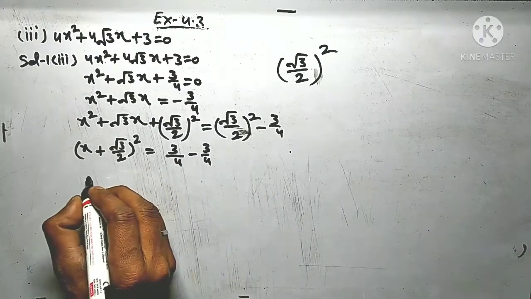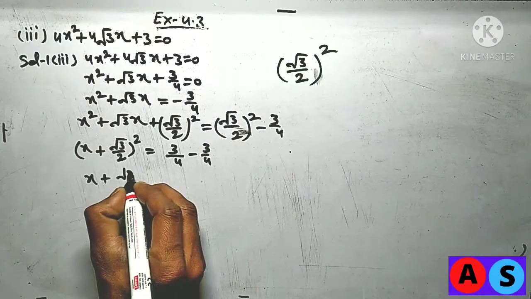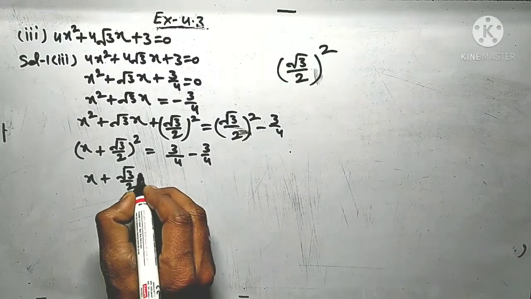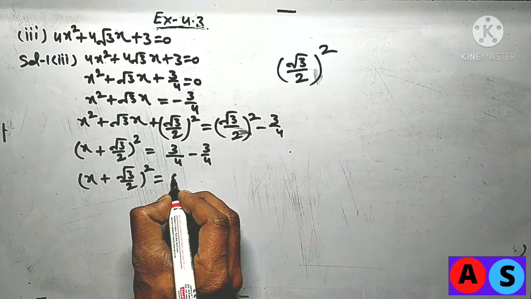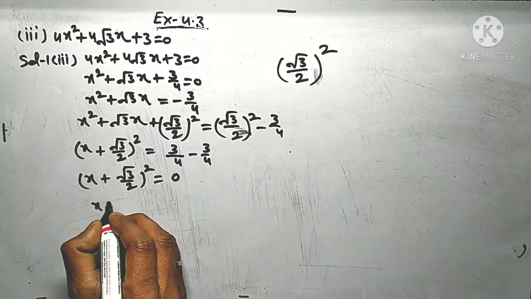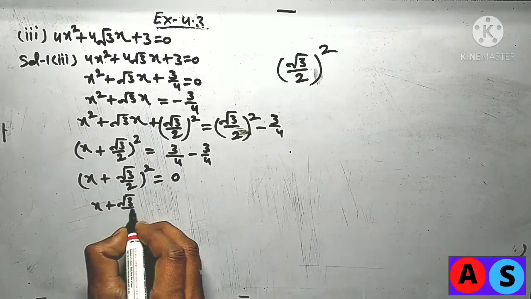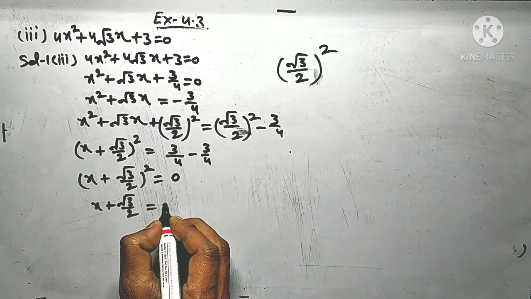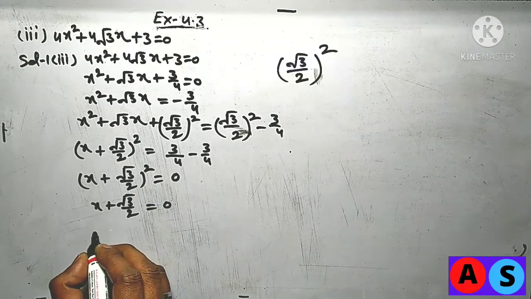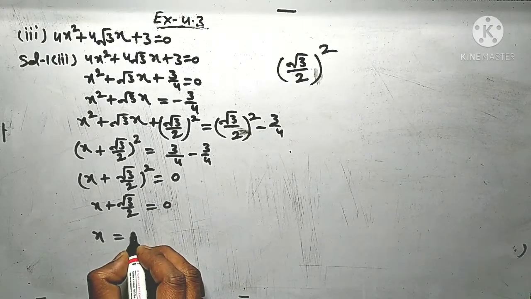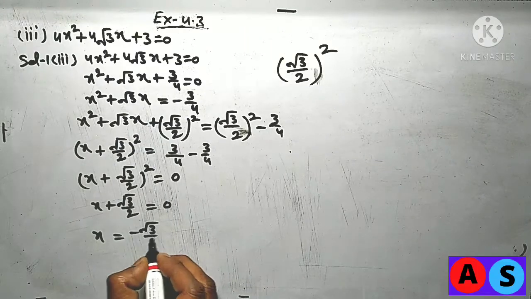So x plus under root 3 over 2 is equal to 0. x plus under root 3 over 2 is equal to 0. So x is equal to minus under root 3 over 2.